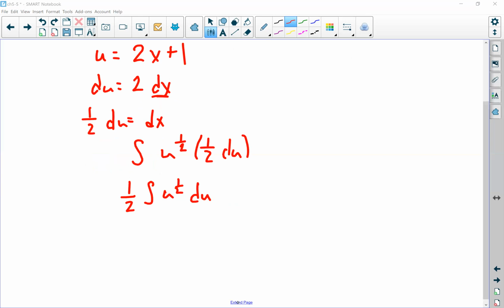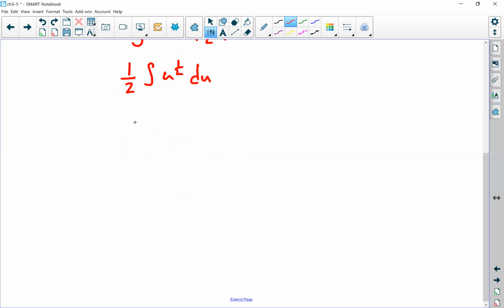And now if I integrate, there we go. Add 1 to the power. Divide by that power or multiply by its reciprocal.